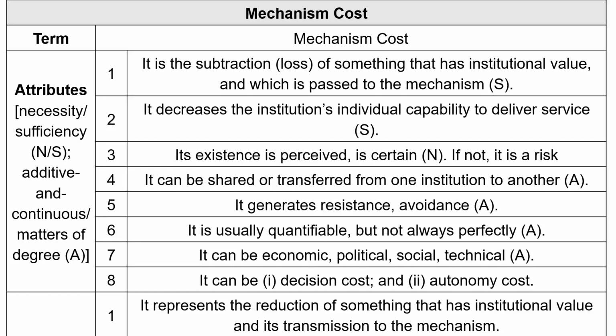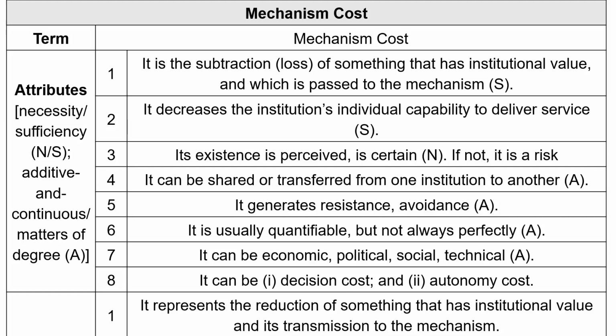Okay, this cost can be shared or transferred from one institution to another, because sometimes a total cost of a mechanism can be split among institutions. It generates resistance, avoidance, because we assume the rational decision maker. It's an assumption.